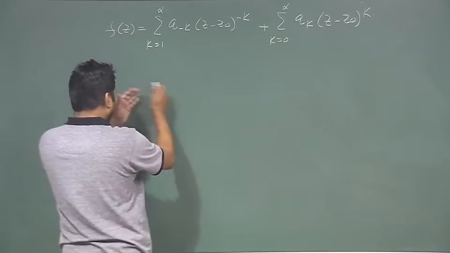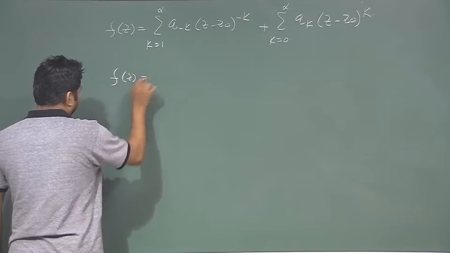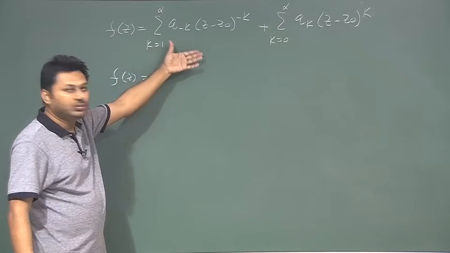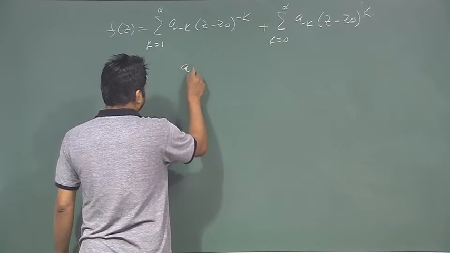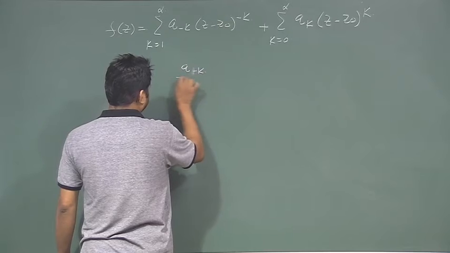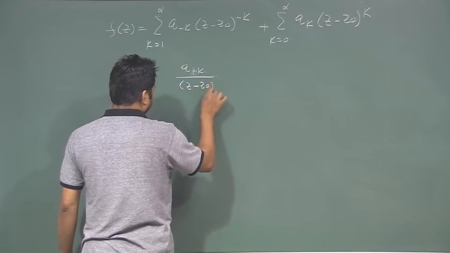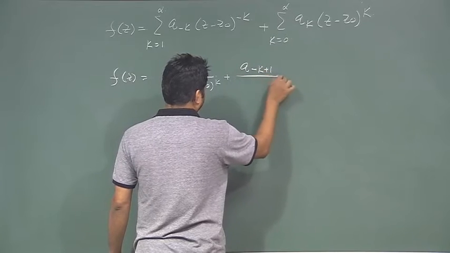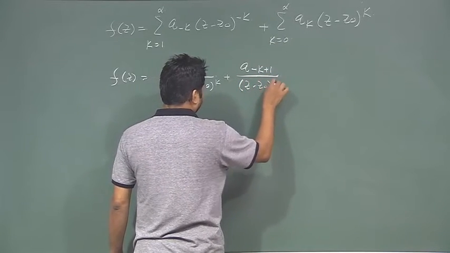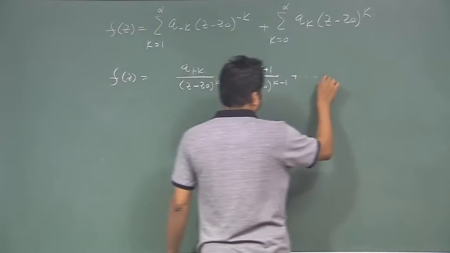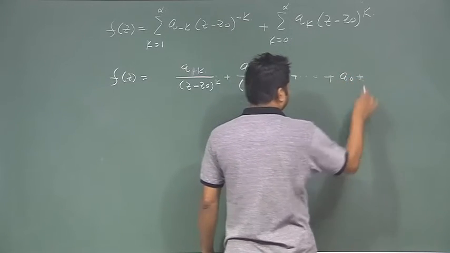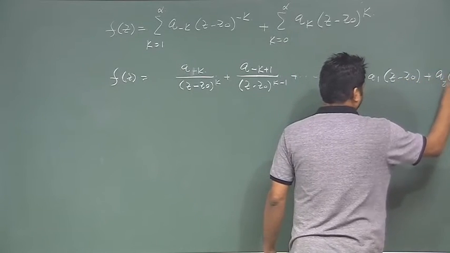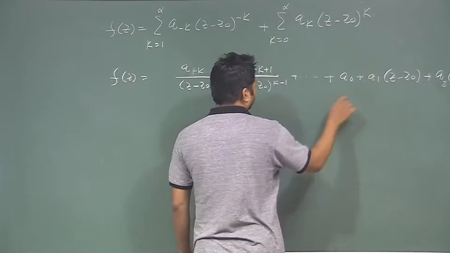Now I am saying that I have a function f(z), where we have a few terms in the principal part, and they are a minus k, z minus z 0 to the power k, plus a minus k plus 1, z minus z 0 to the power k minus 1, and so on, plus a 0, plus a 1, z minus z 0, plus a 2, z minus z 0 whole to the power 2, and so on.